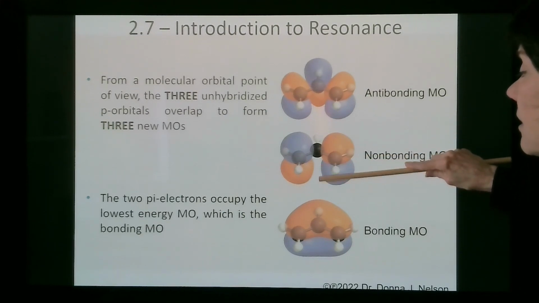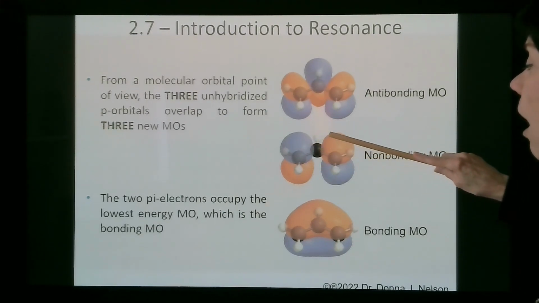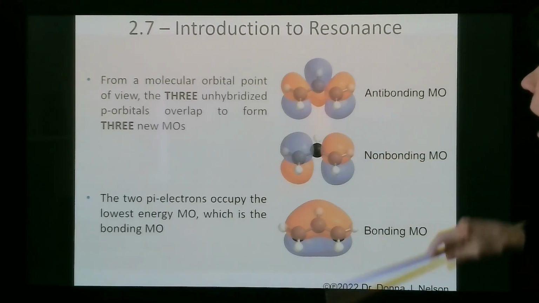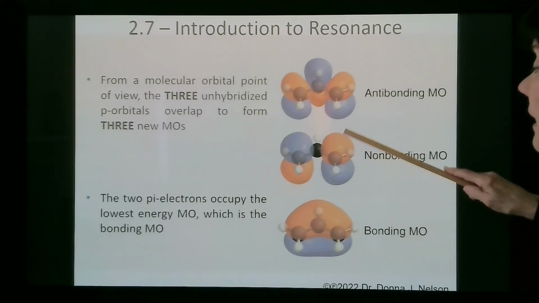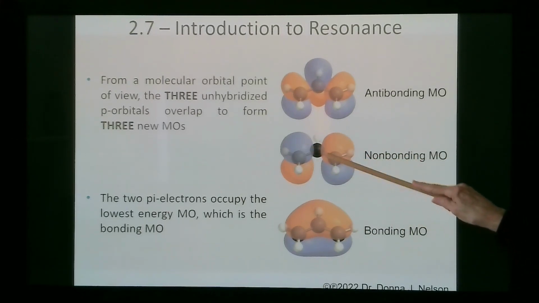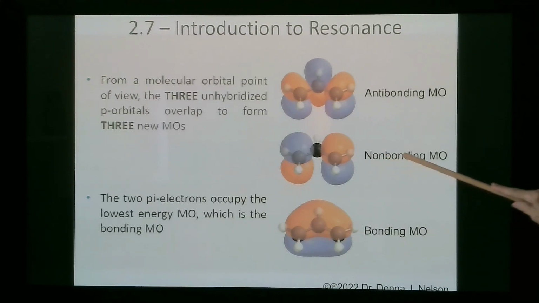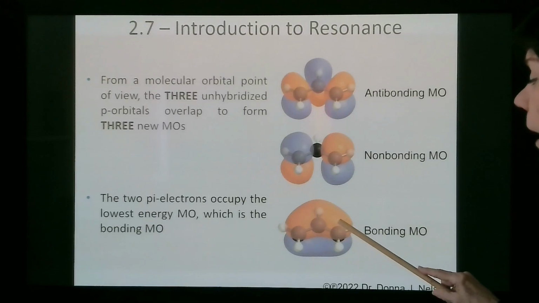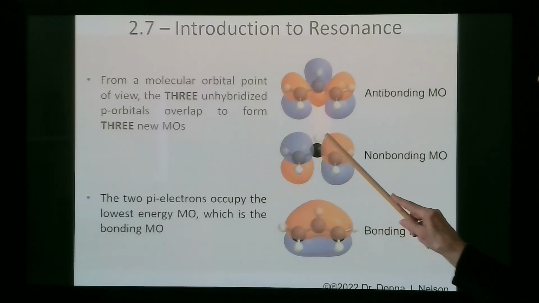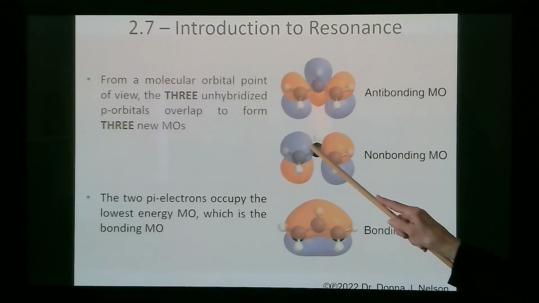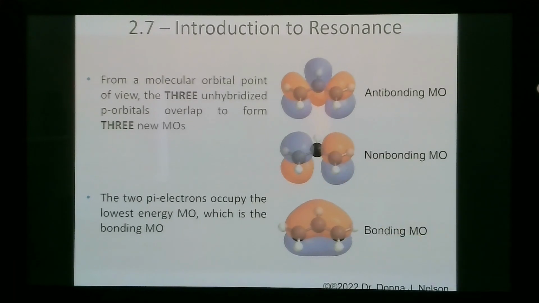But here you have an additional node, and so there is not bonding here, but also there's no interaction between these orbitals of different signs. So this non-bonding molecular orbital is neither bonding nor anti-bonding because there's no interaction here. There's a node at this carbon atom, so there's no interaction across that carbon atom.